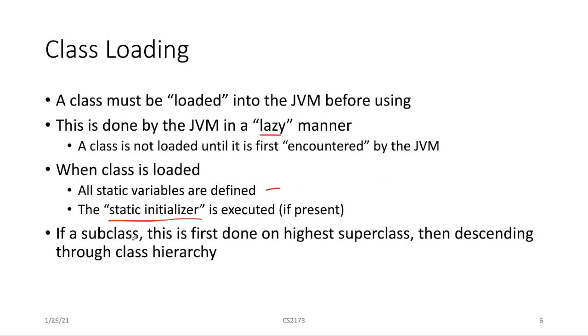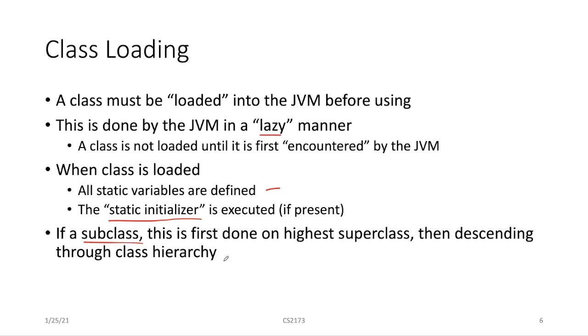Now, if it is a subclass, and actually everything is a subclass in a way, in loading the main class it has already done this. In the very first class it encounters, it loads that class, but in doing so it first goes all the way up to the highest superclass, which is Object, and then descends through the class hierarchy in that order.